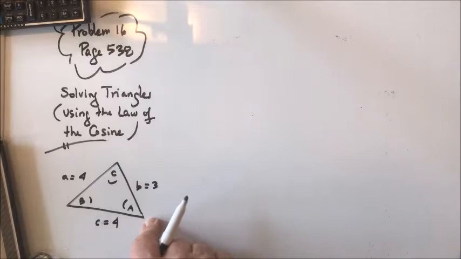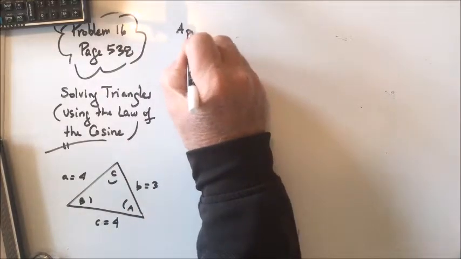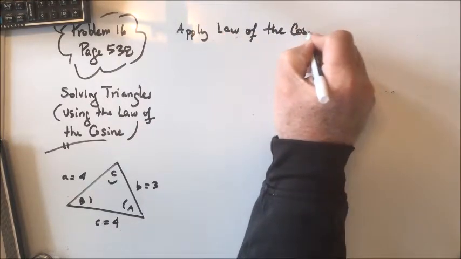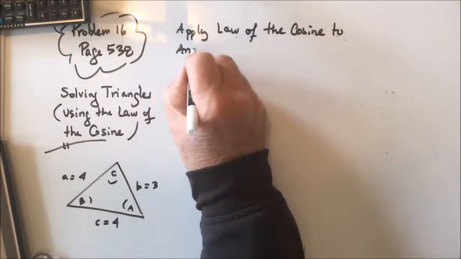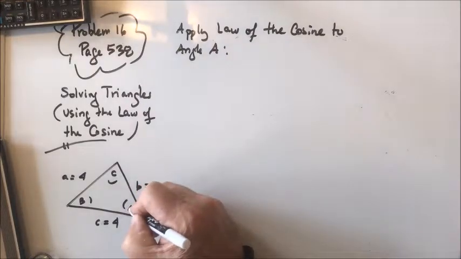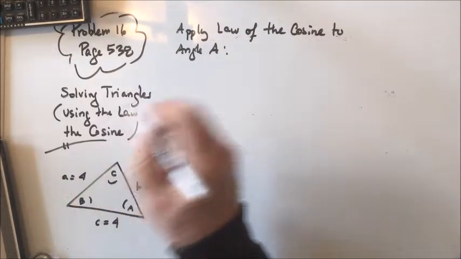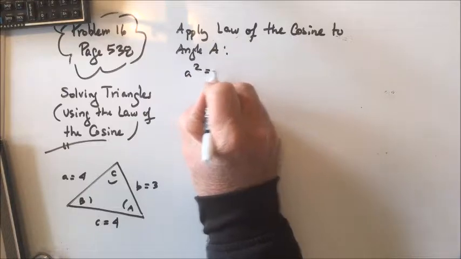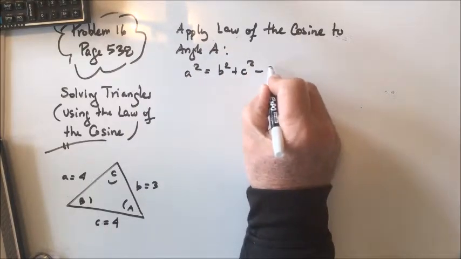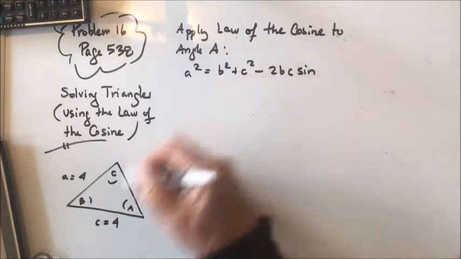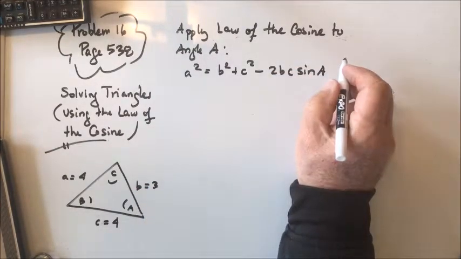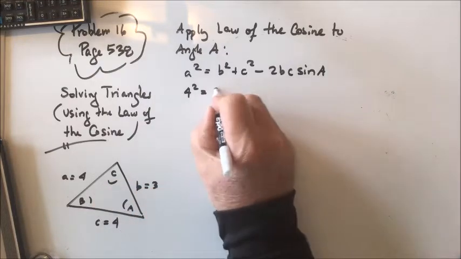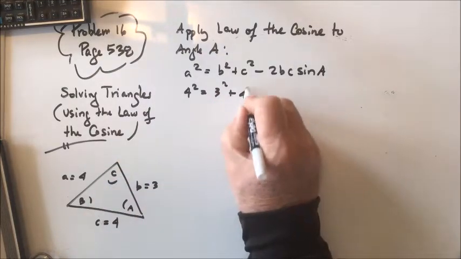Apply the law of the cosines to angle A. This is the angle included between B and C, and the side opposite is A. So A squared is equal to B squared plus C squared minus 2BC cosine of the included angle, A. We happen to know A is 4, so 4 squared, B is 3, so 3 squared, and C is 4, so 4 squared.